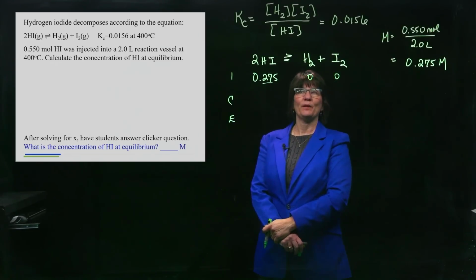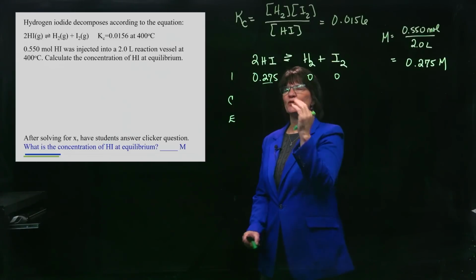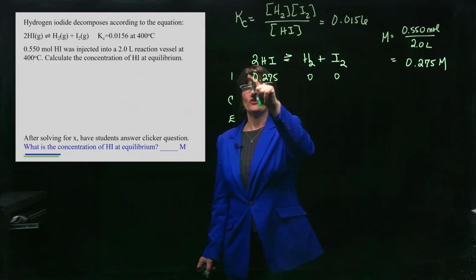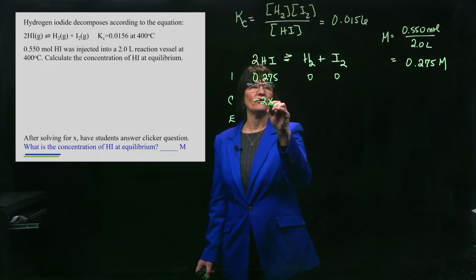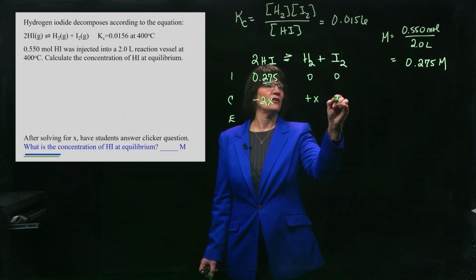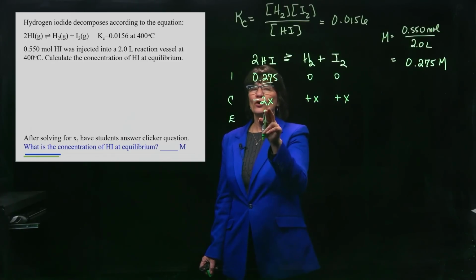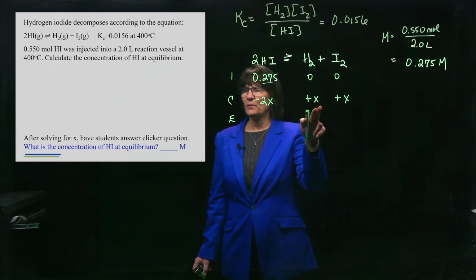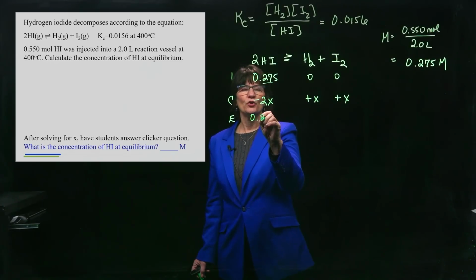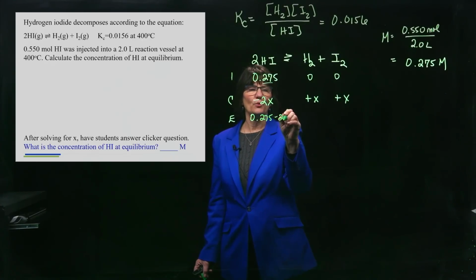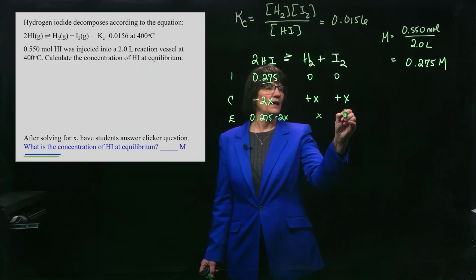Now the reaction takes place. Remember, the change line is the reaction taking place. There's a 2 coefficient there. Every time 2 of these reacts, one of those reacts and one of those reacts. So I don't know how much it is, but I know there's going to be half as much of these 2 things being formed. So I have 0.275 minus 2x, x, and x.